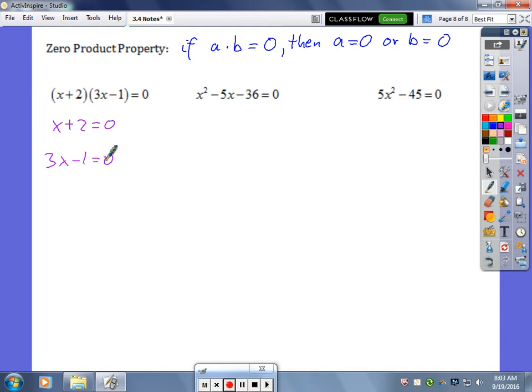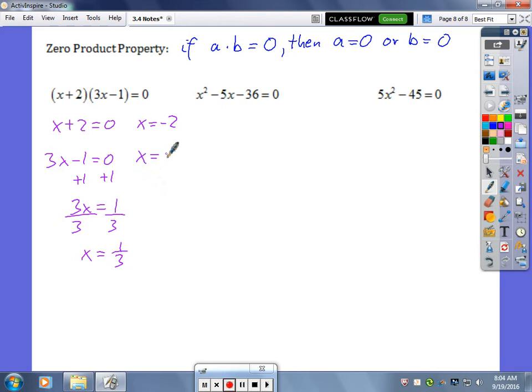And in the first case, if x plus 2 is equal to 0, that tells us x has to be equal to negative 2. And in the second case, we just go ahead and solve the equation, adding 1 on both sides. We get 3x is equal to 1, divide by 3, and x is equal to 1/3.